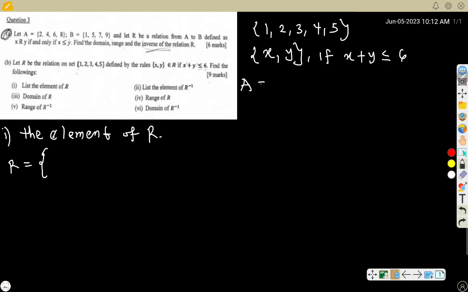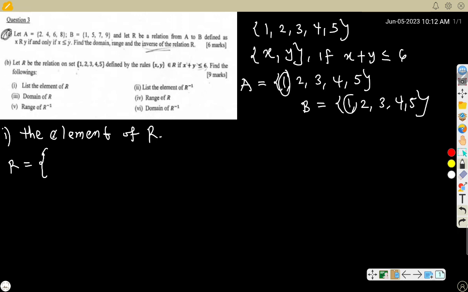Let your set A be 1, 2, 3, 4, 5, and also let your set B be the same elements. So the first one will be for your set A and set B. For your relation, try combining all these numbers just like you are finding A times B.